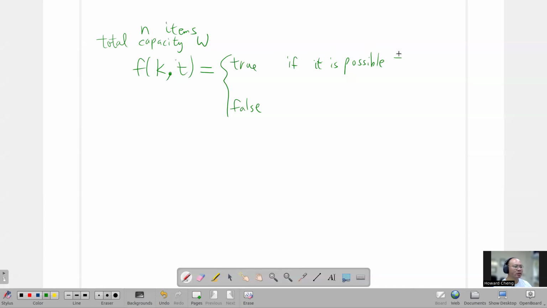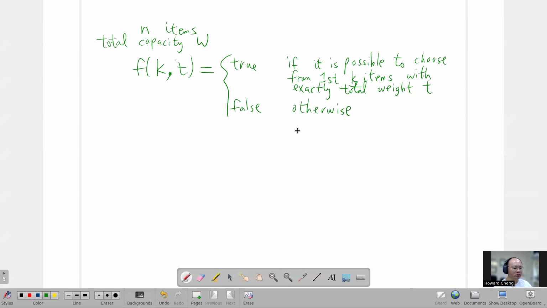True if it's possible to choose from the first k items with exactly total weight t, and false otherwise.